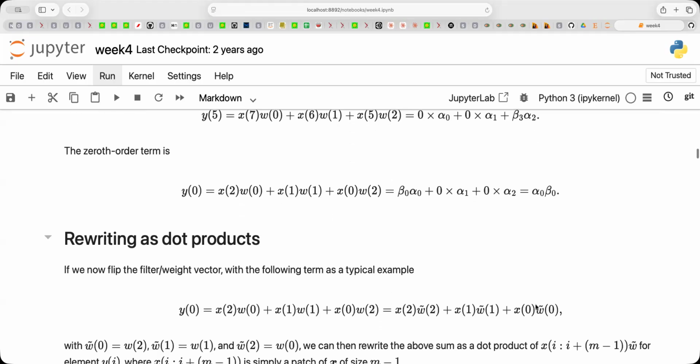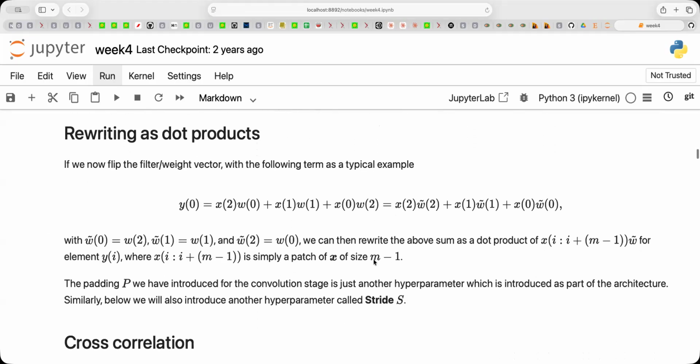So yeah, these are just examples. So I've just been flipping the filter weight vector with the following terms. So I introduce a W2 here so that I can actually write this in a very efficient way. So instead of having W0, I have W tilde. And that way you see now I can simply write this as an inner product.